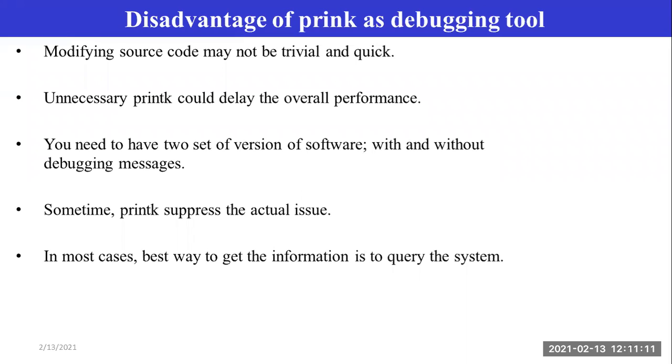For example, particularly when you are debugging kernel modules or device drivers or the kernel, you may not have the source code available to you. So sometimes it is not possible to compile the code, add some Printk, and then debug the problems. Also, if the source code is available to you, it is not easy to compile the code and debug it quickly.